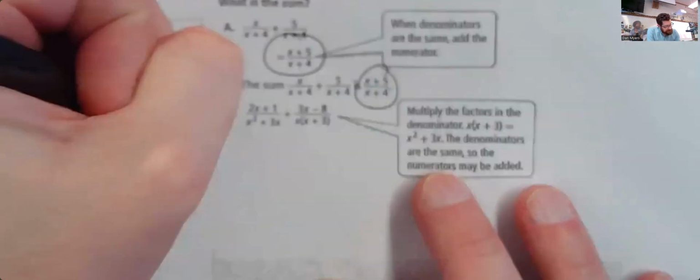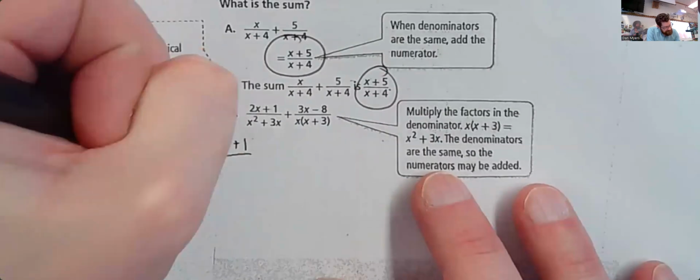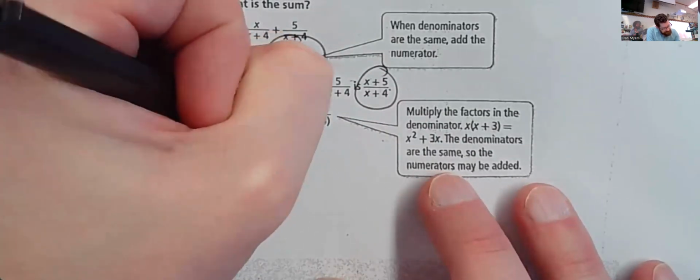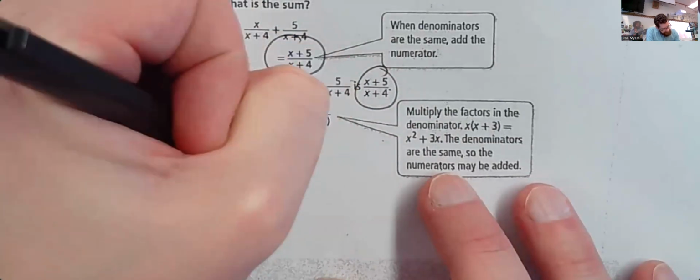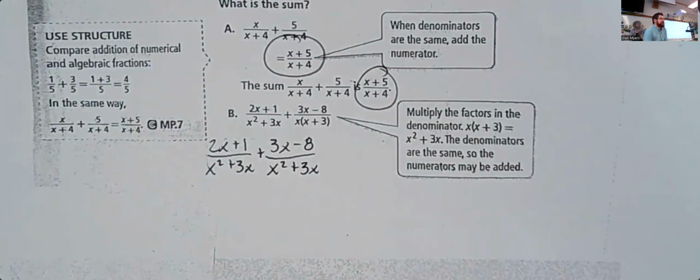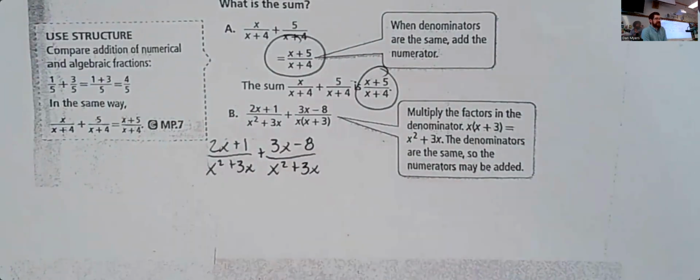And so we're going to get (2x plus 1) over (x squared plus 3x) plus (3x minus 8) over (x squared plus 3x). If you distribute the x into the denominator on that second fraction, it ends up being pretty obviously a common denominator. So we don't have to do anything about finding a common denominator here.